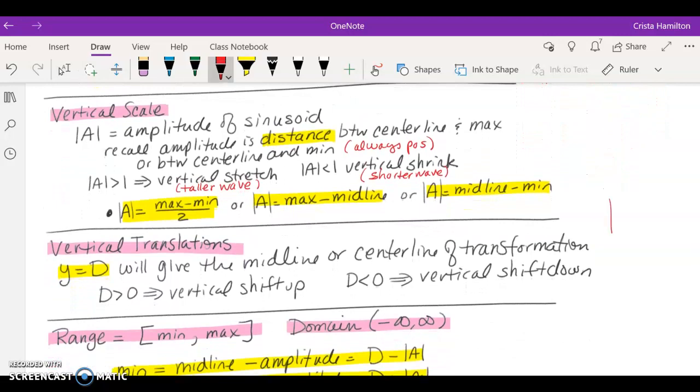For example, if D is, say, 2, and I'm graphing f of x equals sine of x plus 2, then I know that my new midline, I'll kind of dot it in, is going to be up here at 2. My amplitude is 1. And I'm still following the same pattern it had before.